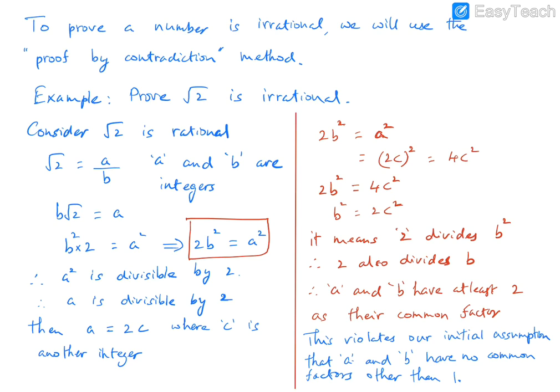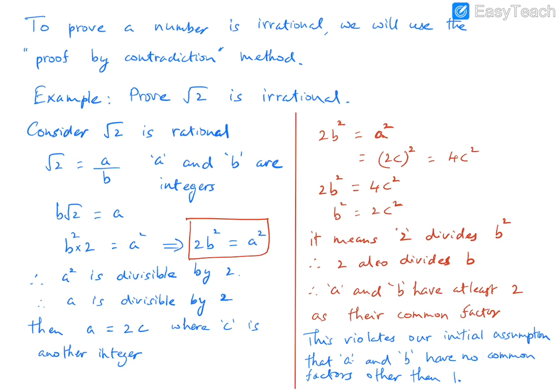So this is a contradiction, and this contradiction is happening because our initial assumption that root 2 is rational is incorrect, and therefore root 2 is irrational.